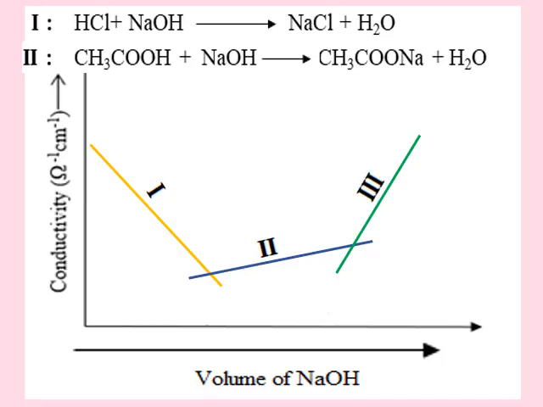Hence, in this plot, three straight lines are obtained with two intersection points. First intersection point V1 corresponds to the volume of sodium hydroxide required for the neutralization of hydrochloric acid. V2 corresponds to the neutralization of acid mixture.